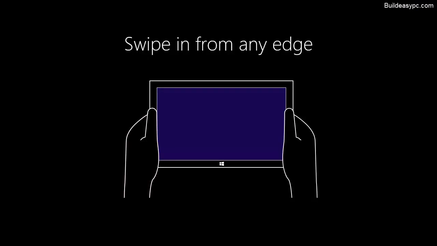It gives you a quick demonstration on how to use the various features of Windows 8. For example, moving the mouse cursor towards the right hand side will bring up the charms bar.